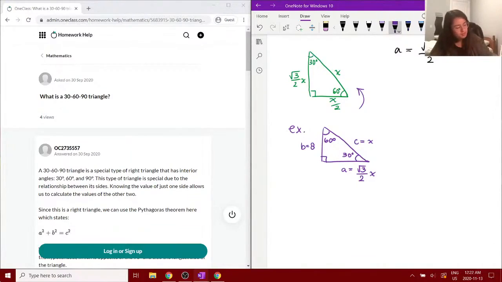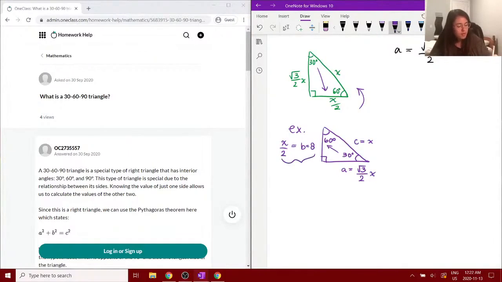So A is equal to root 3 over 2, and then B, which we know is 8, is across from the 30 degrees, and in our special triangle, the side length across from 30 degrees is x over 2.